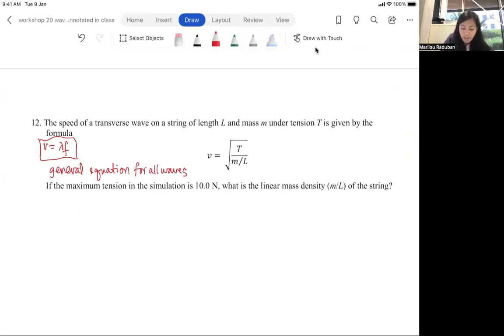But specifically for a wave on a string, we can relate the speed of the wave along that string to the physical parameters of the string, such as the mass of the string and the tension of the string, via this equation. This equation is specific to waves on a string.